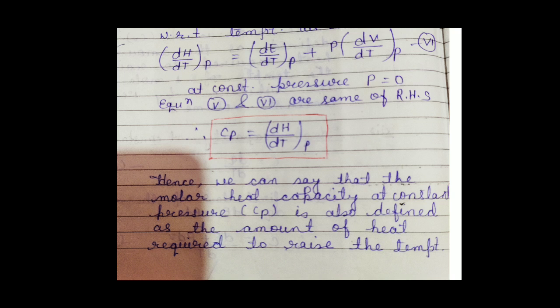So, Cp is equal to dH by dT at constant P.